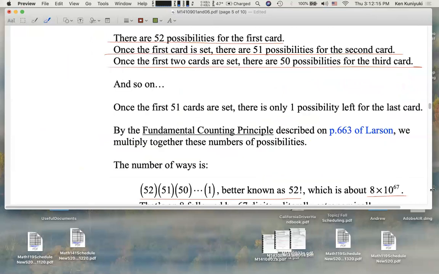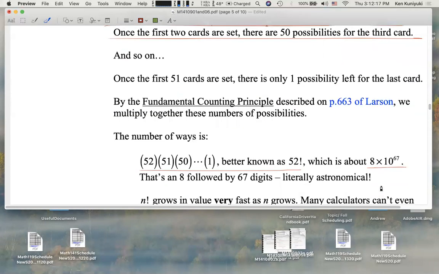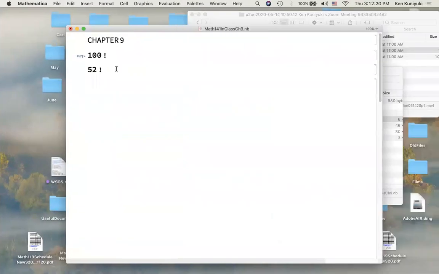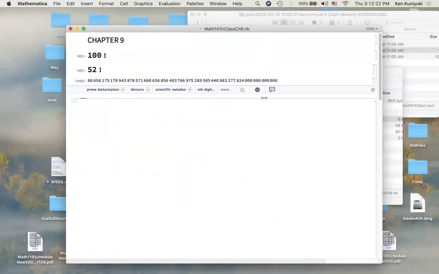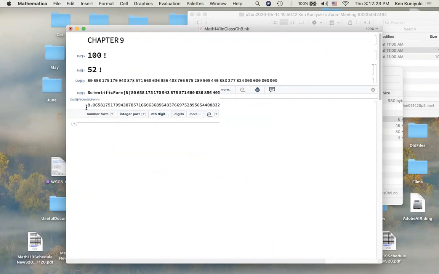What is 52 factorial? It's massive. It's astronomical. Again, look at this. 52 factorial is this gigantic number. In scientific notation, it's more than 8 times 10 to the 67th, an astronomical number.